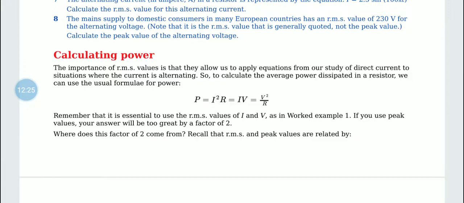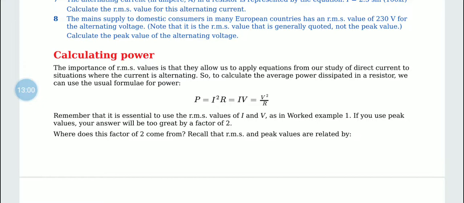The equations for power are P equals I squared R, P equals IV, and P equals V squared upon R. These equations we can use in calculating the values related to alternating current. We have to use RMS values, that is the root mean square values of current and voltage, as we are going to calculate in this worked example.